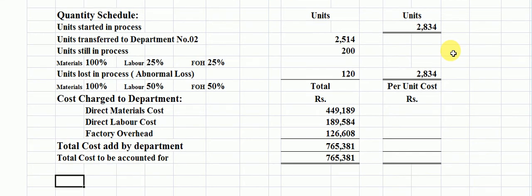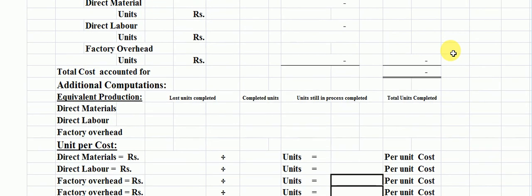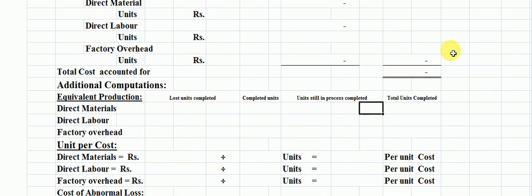Students, now we have to find out the per unit cost for direct material cost, direct labor cost and factory overhead cost. For this purpose, we move to section 4, additional computation, in which we find the equivalent production. Now students, we have to put all types of units which are completed, which are still in process, and which are lost in process.